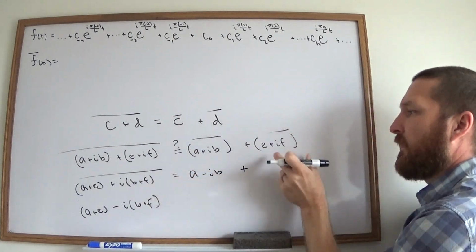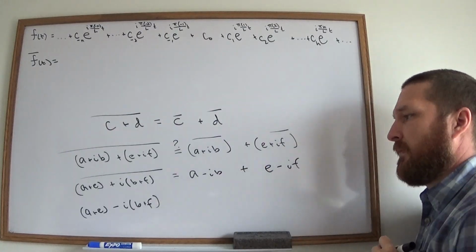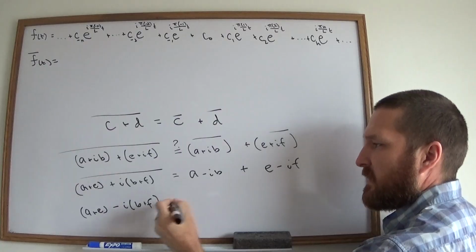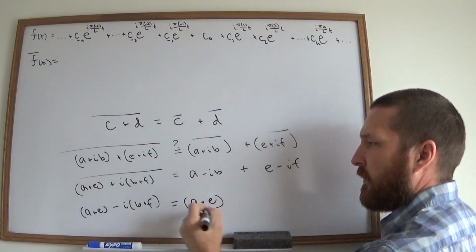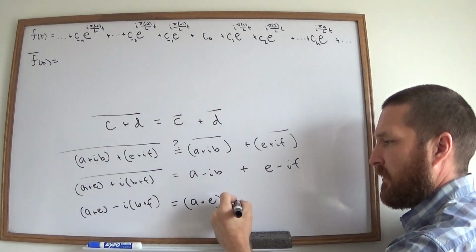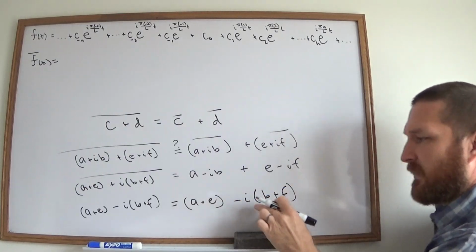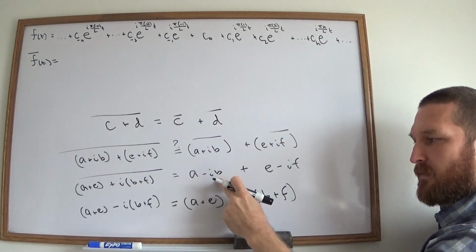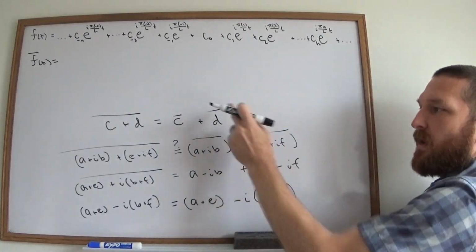Add that to the conjugate of this, which is E minus IF. Then grouping these together, we get A plus E as the real part, minus IB minus IF, which is the same thing as minus I times B plus F. Let's just check that. The minus I comes in and gives me the minus IB. Minus I comes in and gives me the minus IF. Yep, so they are the same thing.